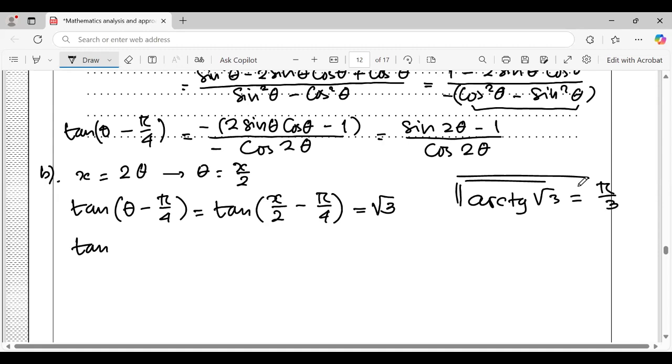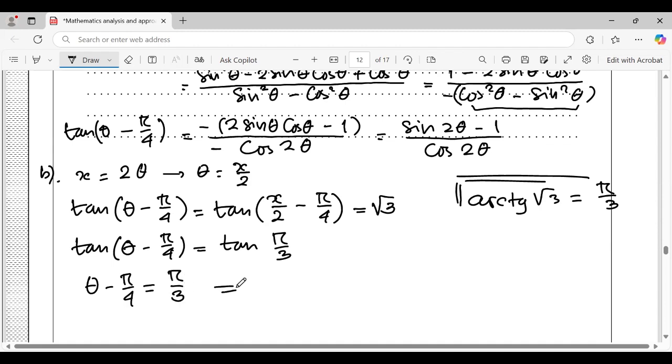So theta minus pi quarter equals pi third, or theta equals pi third plus pi quarter.